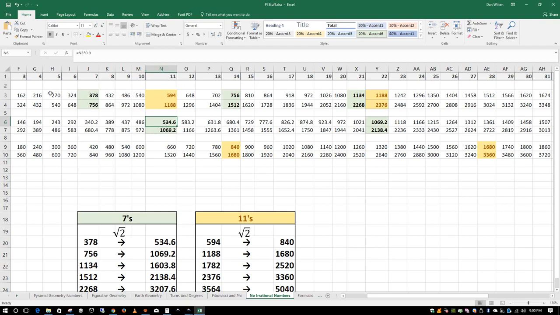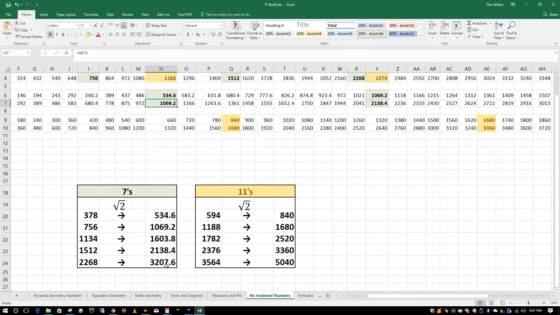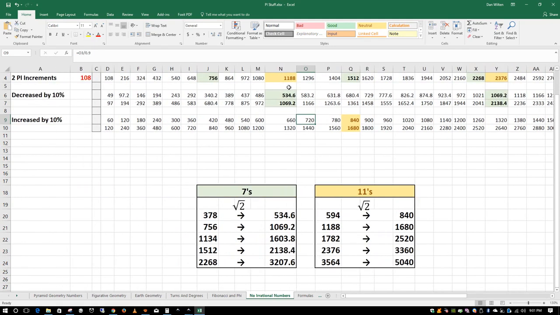So by taking these pi increments and increasing them by 10%, I actually get the square root of 2 value for the 7 here. And for 756, the square root of 2 of that is 1069. So I've got them all down here, and this works no matter what you plug in. But if you notice how clean the numbers are, and down here I've done the same thing, except for the 11s.